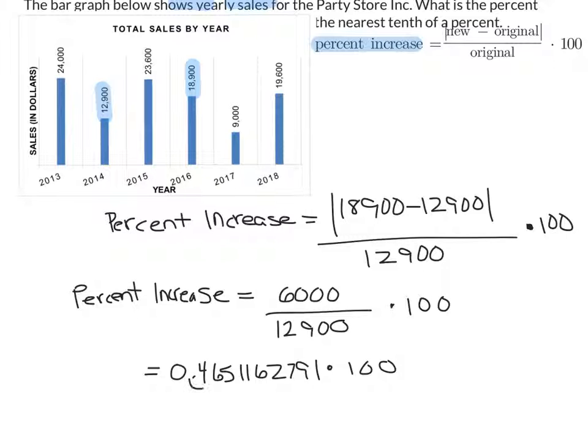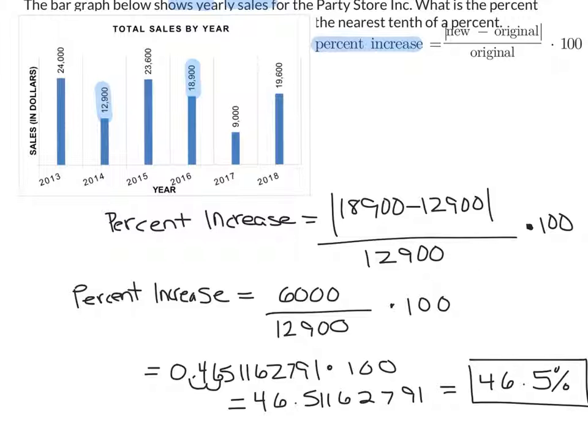That moves the decimal 2 places to the right, so we have 46.5116271, and we want to round to the nearest tenth of a percent. And rounding to the nearest tenth means that we'll round to 1 decimal place. So our final answer is 46.5%. That is the percent increase of sales from 2014 to 2016.